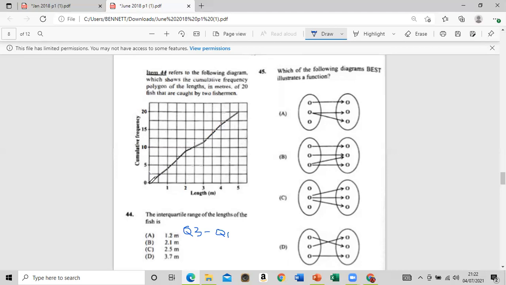So that's about halfway, that'd be 4.5. So that's our central point. Q1 now, let's see that. There we go. Yes, that'll be Q1.